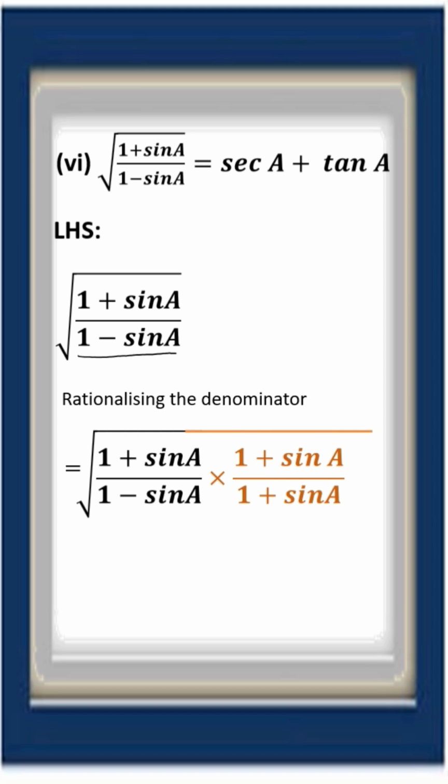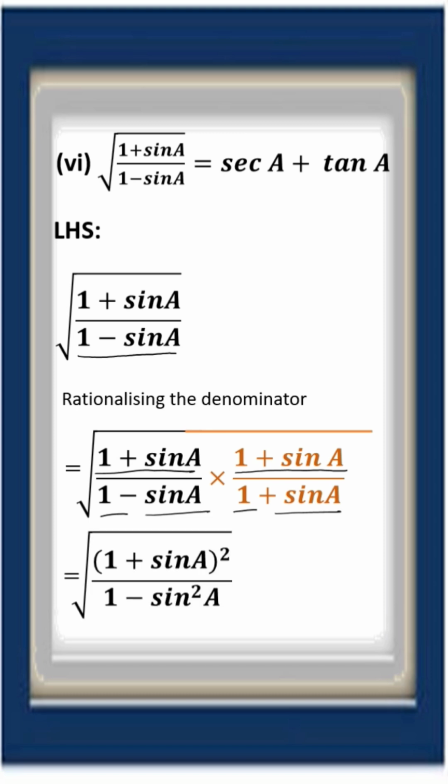Now what happens? In the numerator we see 1 plus sin A into 1 plus sin A. So in the numerator we have 1 plus sin A the whole square. Here 1 minus sin A into 1 plus sin A, like A plus B into A minus B, is equal to A square minus B square, that is equal to 1 minus sin square A. Both are under root.